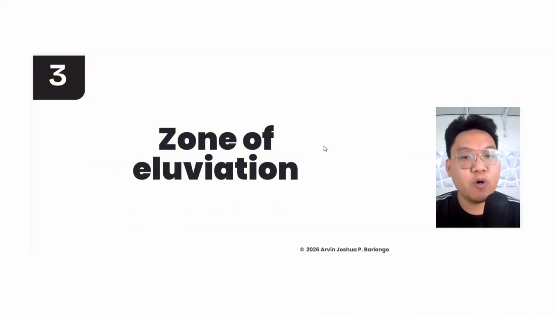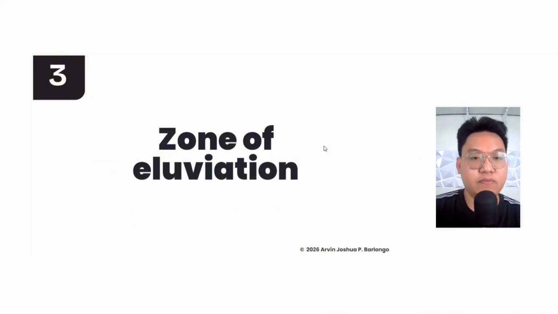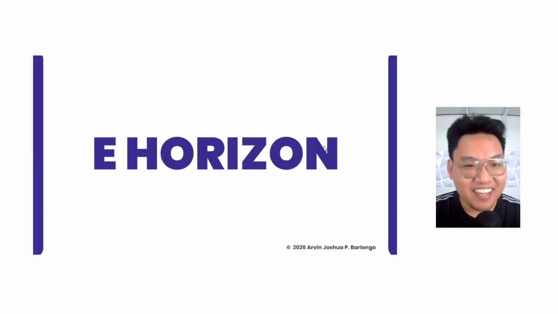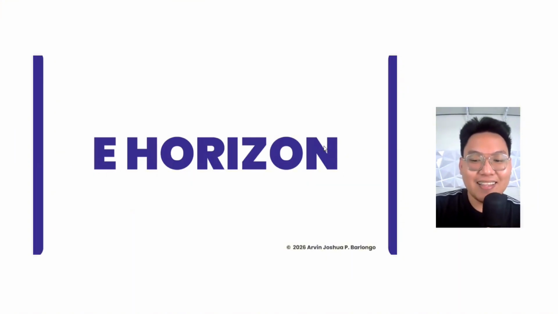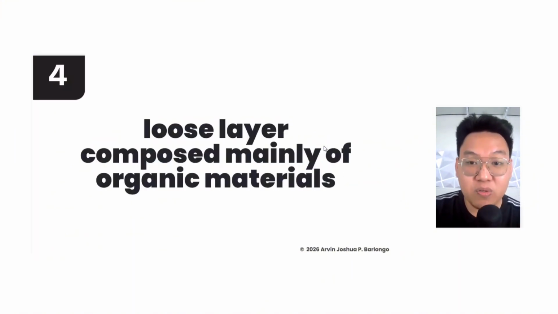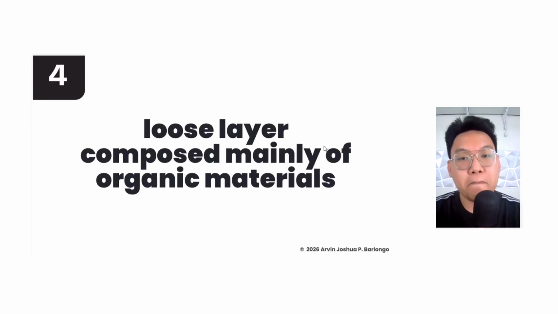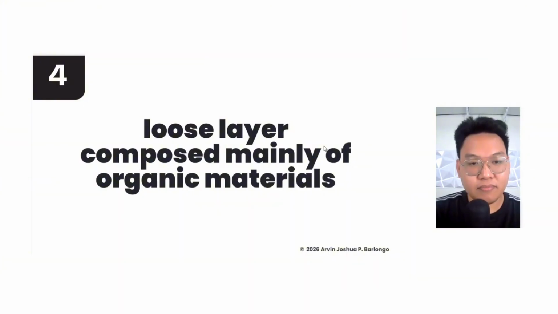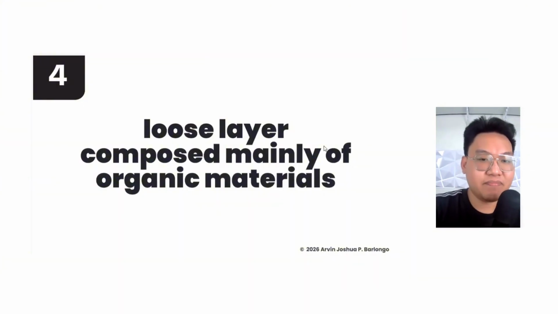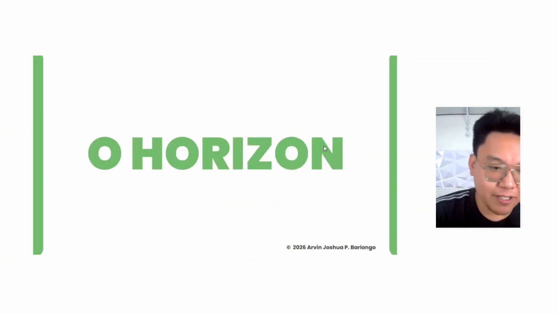Number 3, zone of elevation. Anong soil horizon yan? I hope that you answered letter E. Letter E, yung E horizon. Next, number 4, loose layer composed mainly of organic materials. The answer here is O horizon.